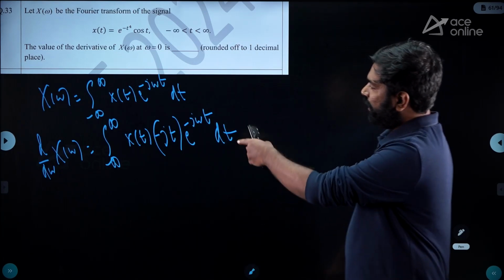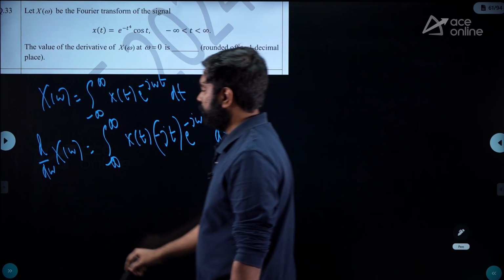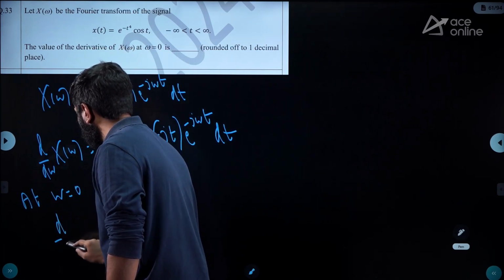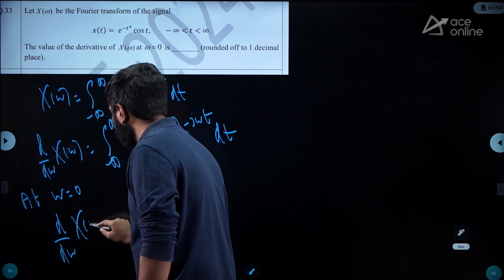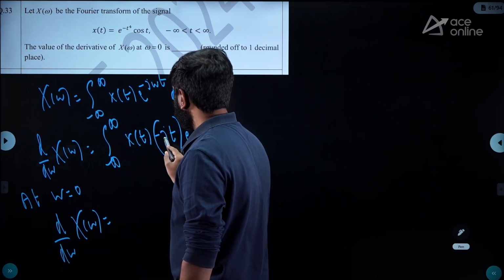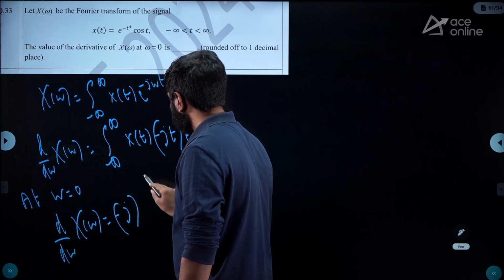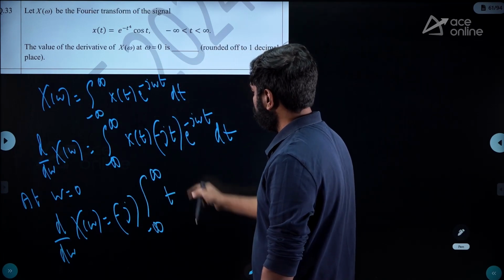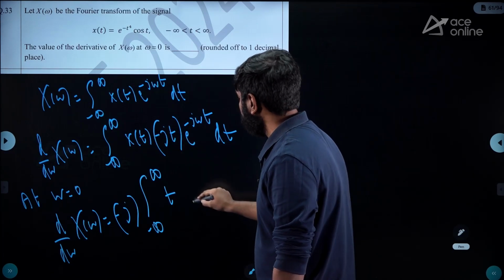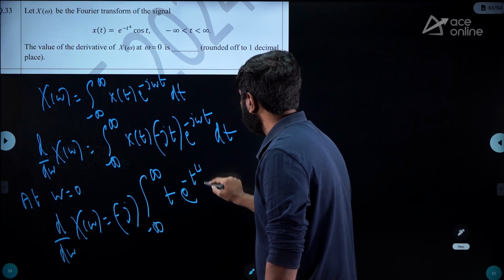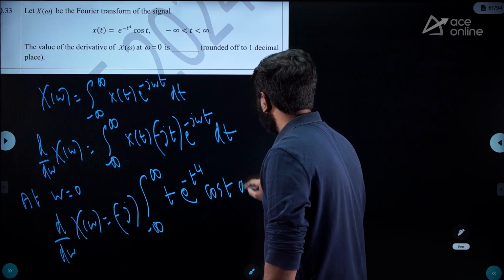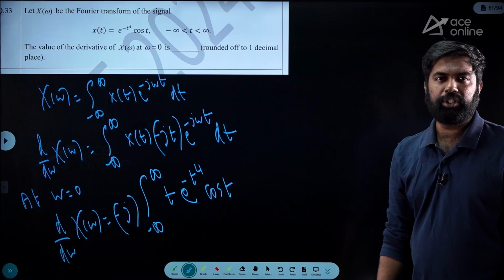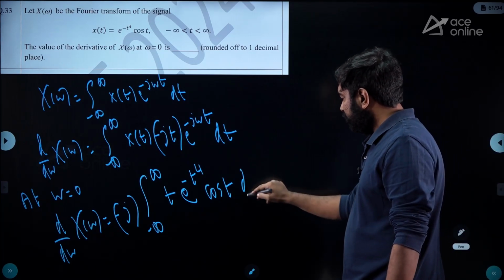Now they want the derivative value at omega equal to 0. So you can now write at omega equal to 0, d by d omega of X of omega value is, you can put minus j out, integral minus infinity to infinity, t is there because there is a t here, and what is x of t by the way? It's e power minus t power 4 cos t, and then e power in the place of omega, if you put 0, e power 0 is 1 and you are left with just dt.